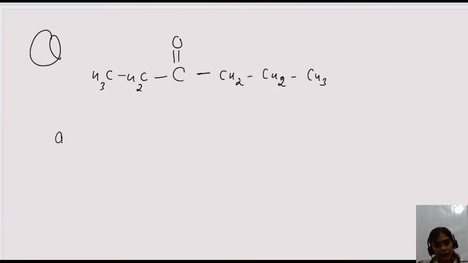So this is the question. Try to answer the question. You have to identify the answer there. Same reactant, and obviously oxidation is there. So what is the answer?